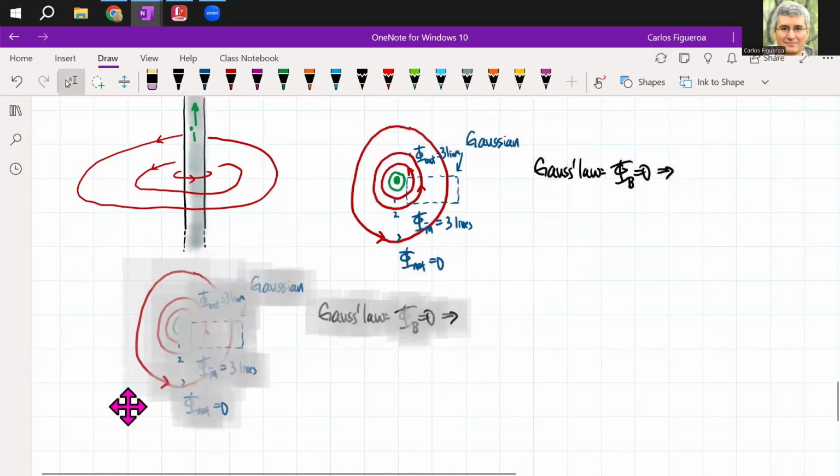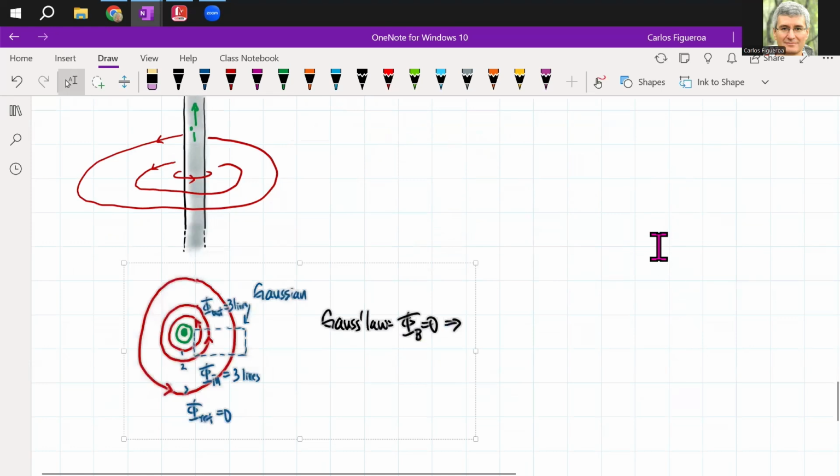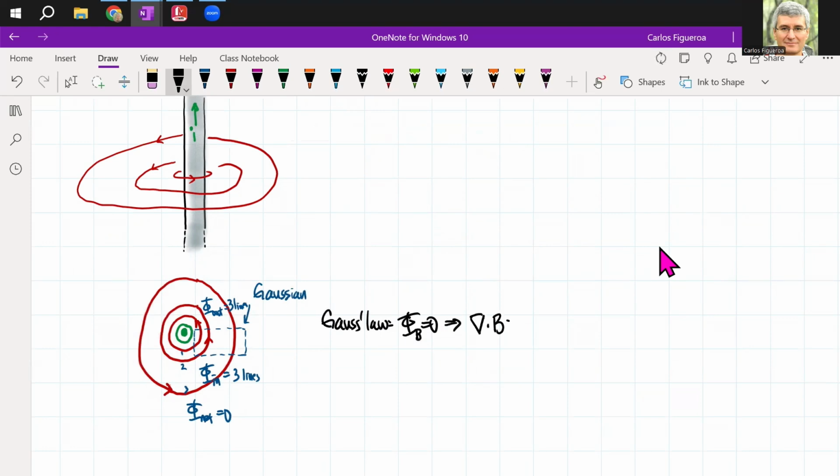If the flux is 0, that means here that del dot B is 0, which then means that magnetic fields do not diverge from the line charge.